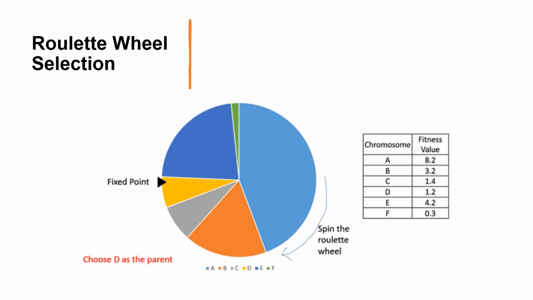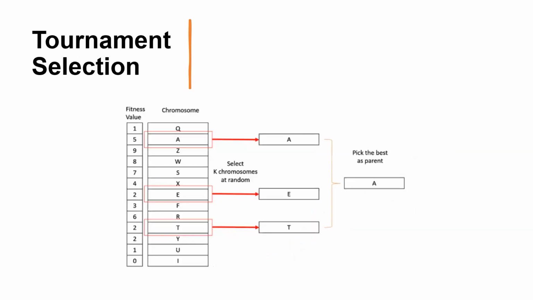The same applies here. We will have the entire population divided based on its fitness values, and when we spin the roulette wheel, the individual which has a higher fitness value has more probability of getting chosen. So this is one of the methods being followed.